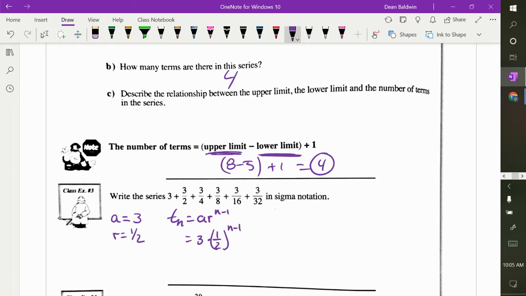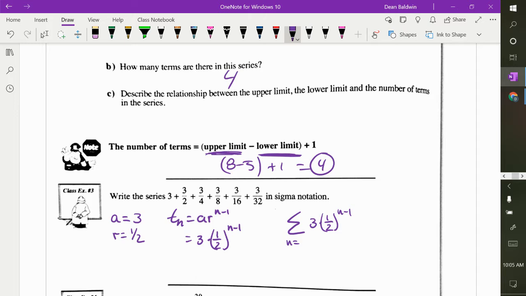So if I want to write this in sigma notation, I write a sigma and put our formula inside of it. What do I write for my upper and lower limits?